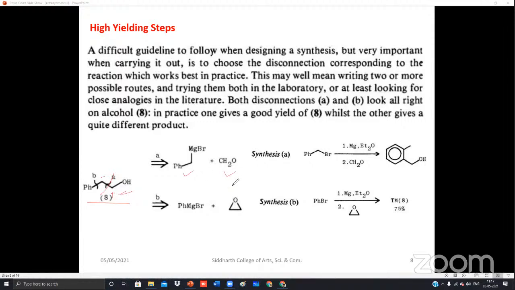When we do these reactions, formaldehyde is a very sensitive, reactive starting material. When this formaldehyde reacts with the aromatic ring, instead of going towards the Grignard reagent at some point, it may go towards some sort of alkylation.